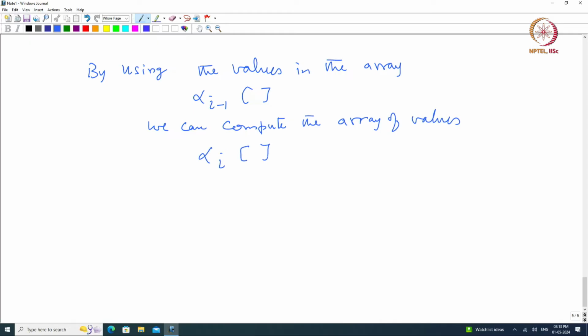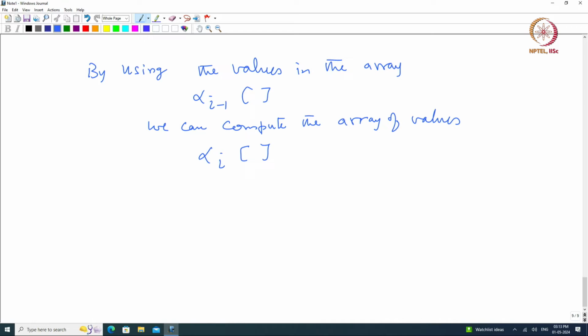It is an array, all values. So, you have n values in the alpha i minus 1 array, one value for each vertex, and you compute.